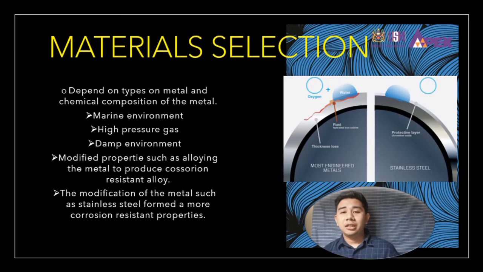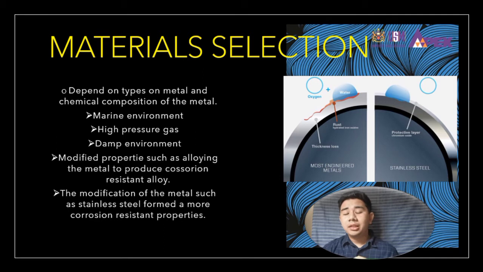For the next part is the corrosion protection. First, a well known corrosion protection is the material selection. This material selection depends on the metal and chemical composition of the metal. The types of protection involve the marine environment, high pressure gas environment, dam environment, and also modified properties, which we are also familiar with as alloying.